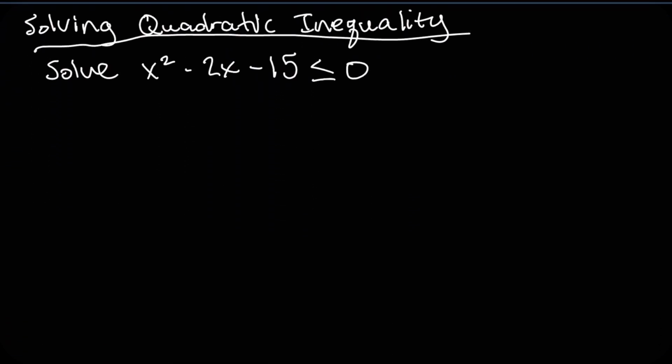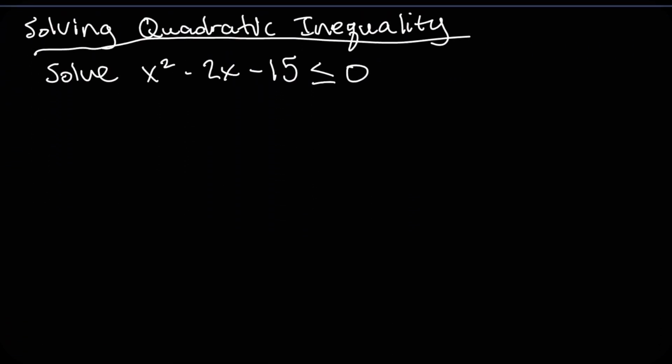So we'll go ahead and take a look at an example here of solving a quadratic inequality. So let's see, we have x² - 2x - 15. Let's go ahead and try to solve this. This one looks like we might be able to factor it out. So let's go ahead and try to factor it out.